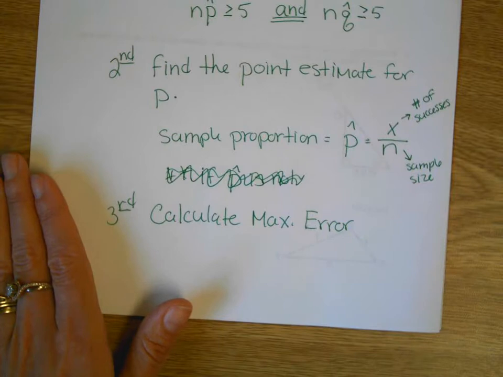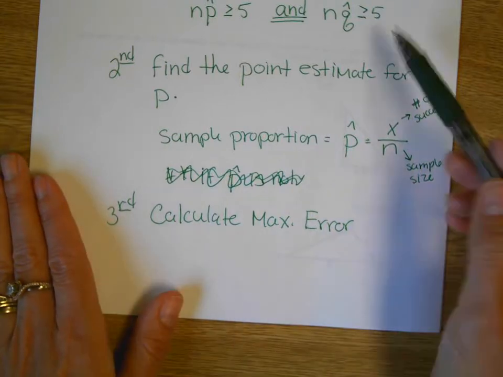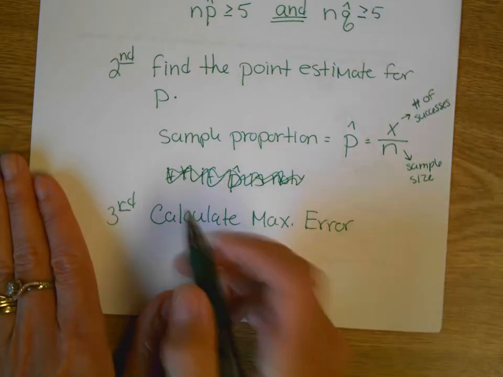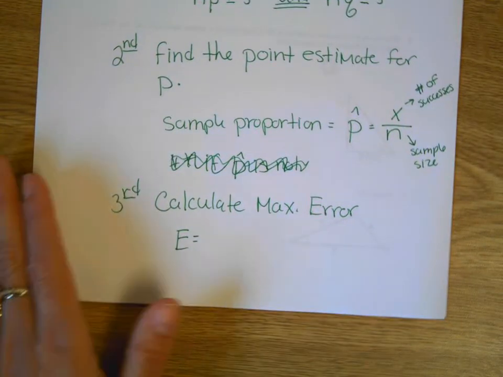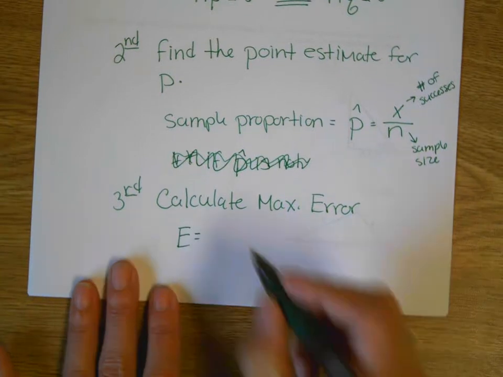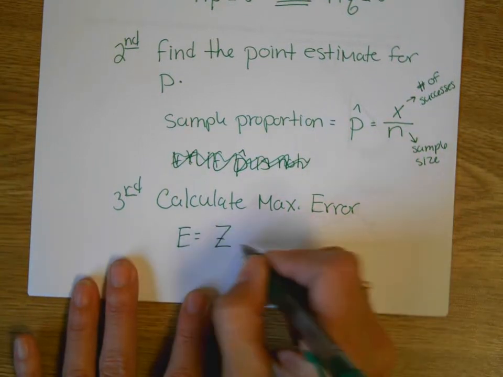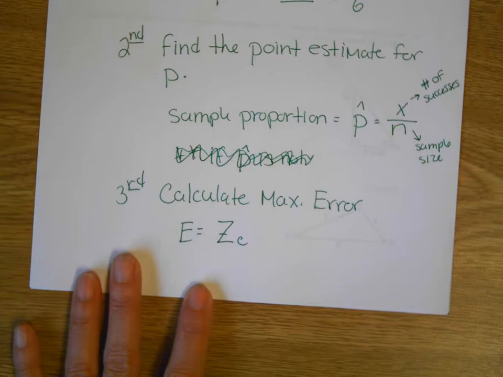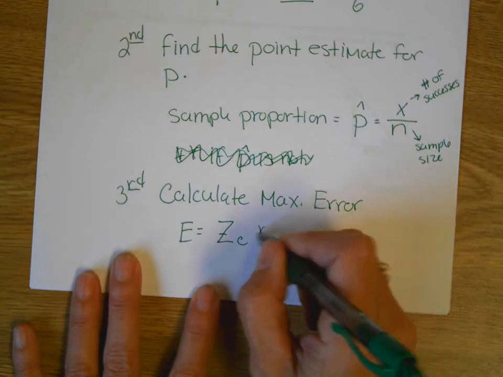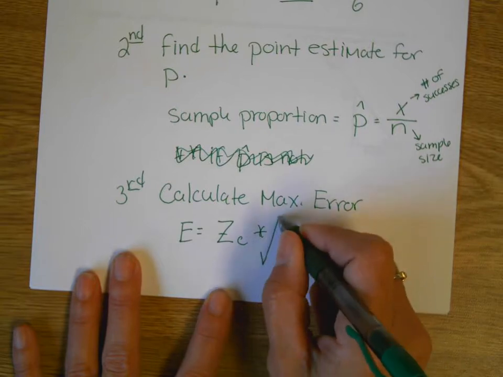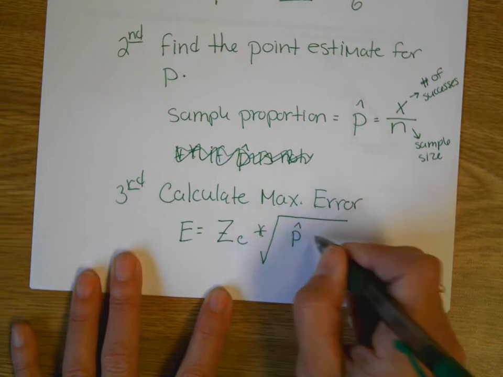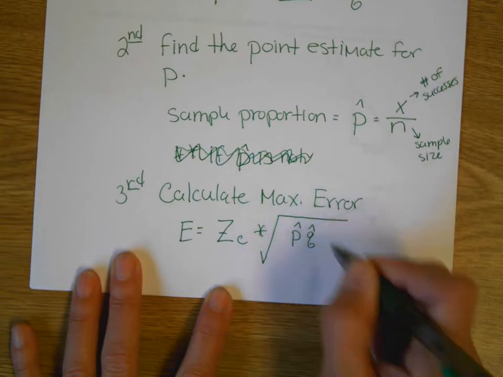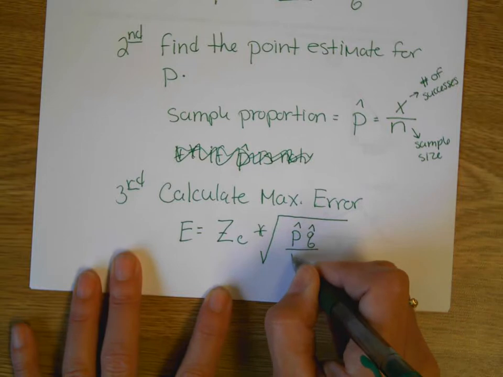So, remember before we were doing the 3-step process. Here we got a 4th step, and the only thing that's extra is we got to check to make sure that it's normal. But our max error formula is slightly different than you've seen. Always going to be a z-score, if it's normally distributed from step 1. So you're back to that little table from 6-1. So the z-score for your confidence level multiplied by the square root of p hat times q hat over n.